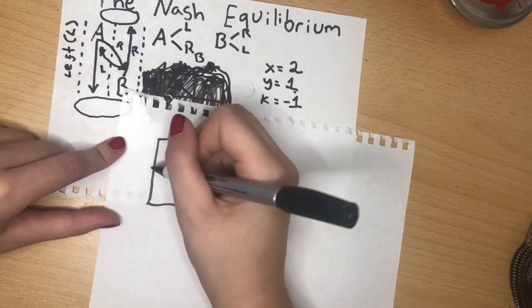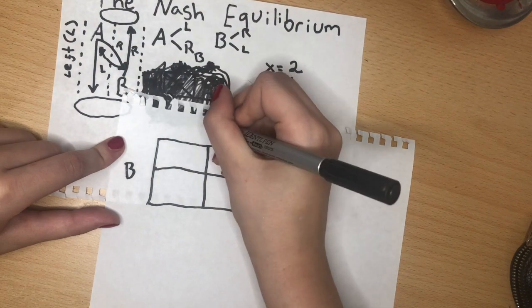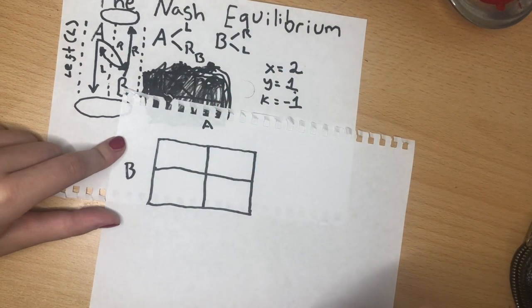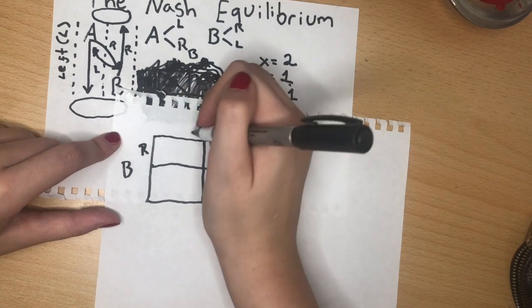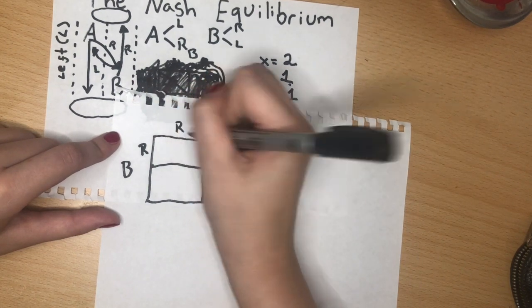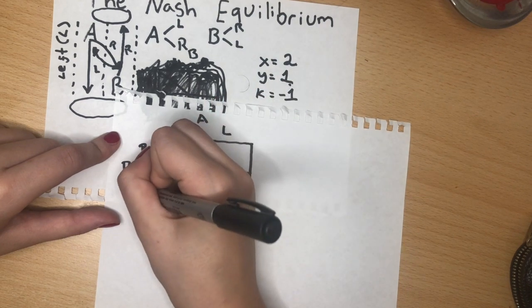This is person B, and this is person A. Over here is a right. Over here is also a right. And this is if A takes a left and if B takes a left.